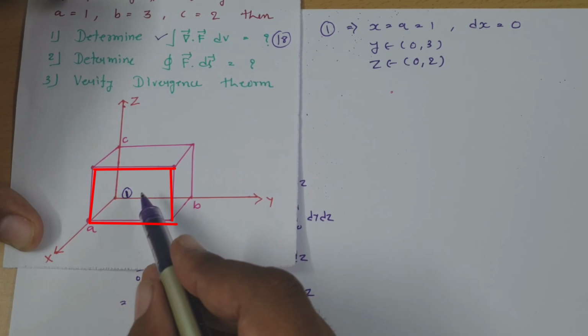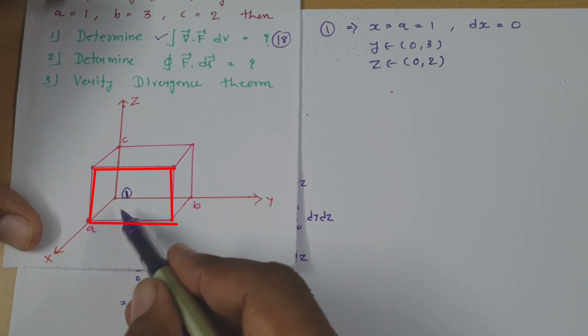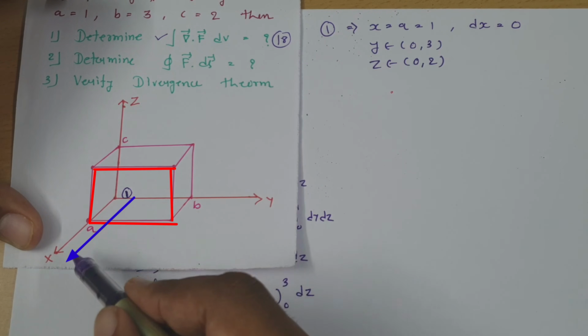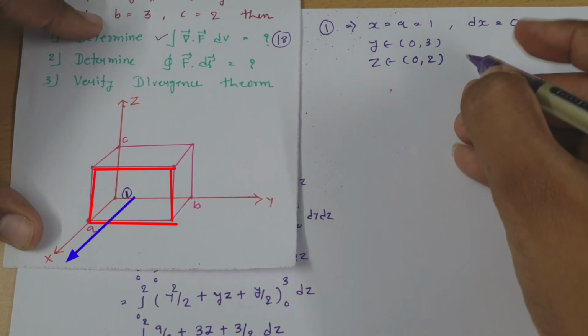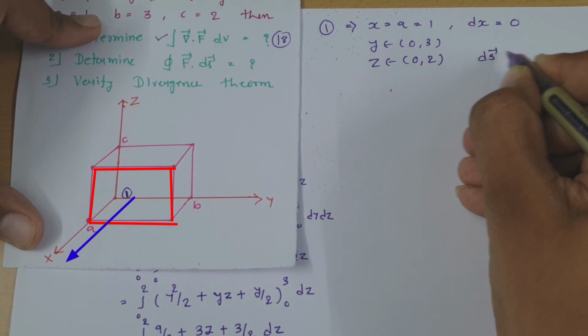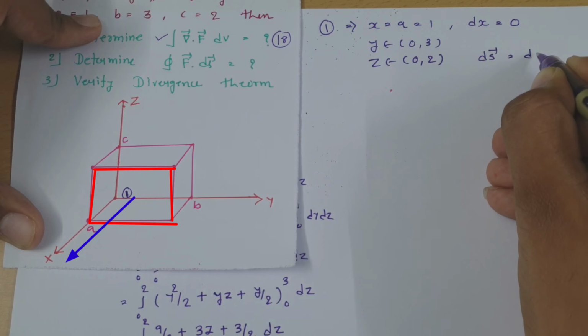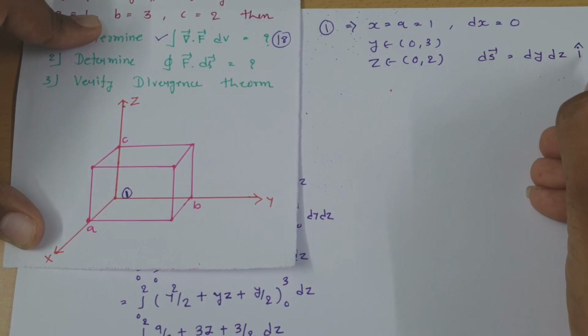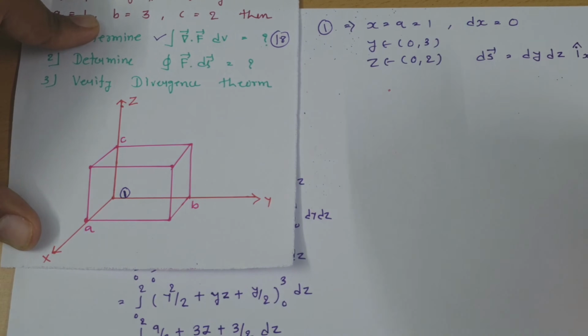And the direction of this first surface is in the x direction, so here we can say ds is dy dz in the x direction.